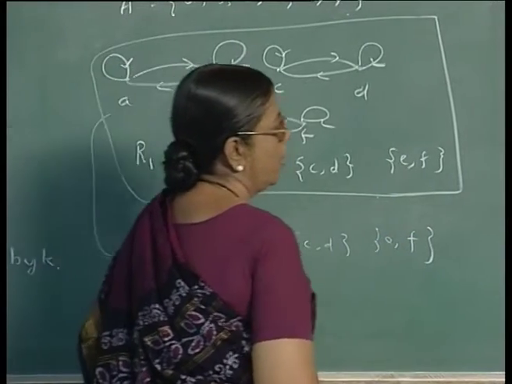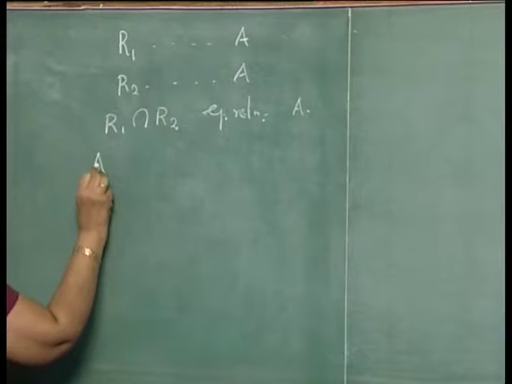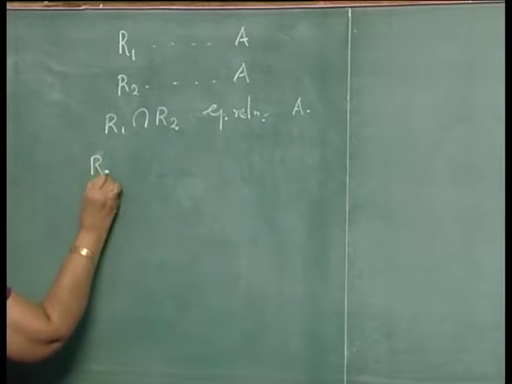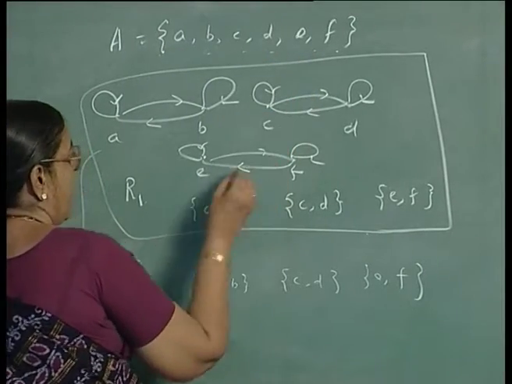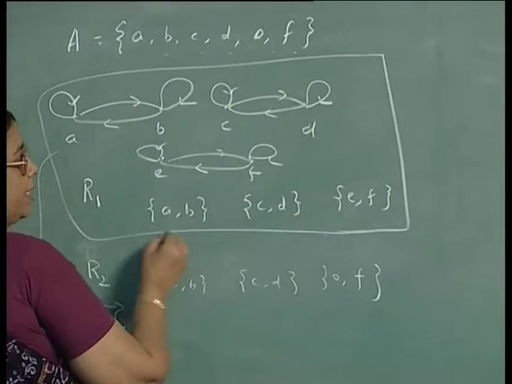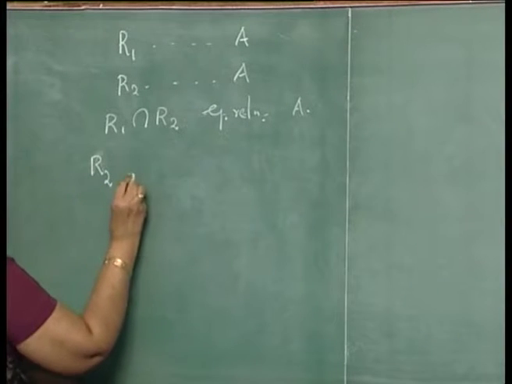This is R1. The set A is A, B, C, D, E, F, and the set consists of 6 elements, and R1 is an equivalence relation defined like this. Let R2 be defined like this.